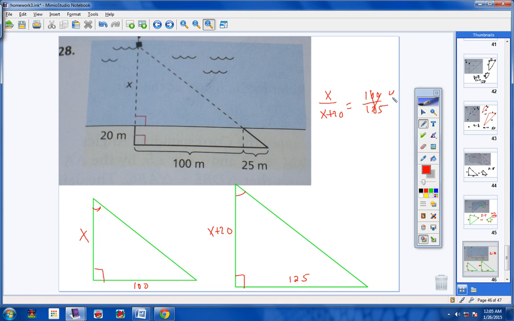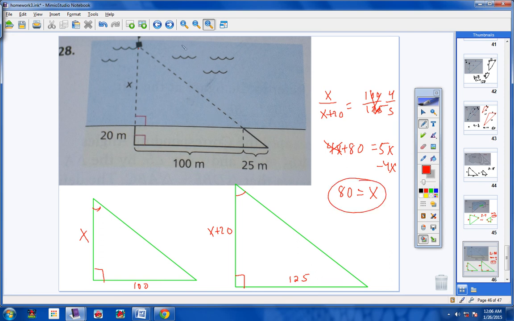This would be 4/5, okay? Let's just reduce it and make it easier. Alright, now 4 times x plus 20 would be 4x plus 80. 5 times x would be 5x. Bring it over, make it a negative 4x. And you're left with 80 equals 1x or x. So the answer is 80 for number 28.